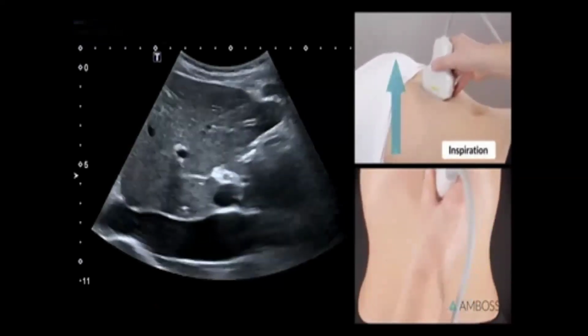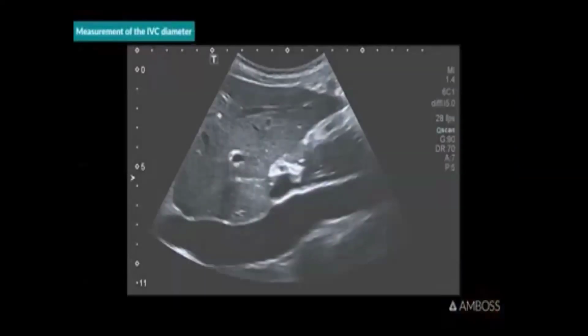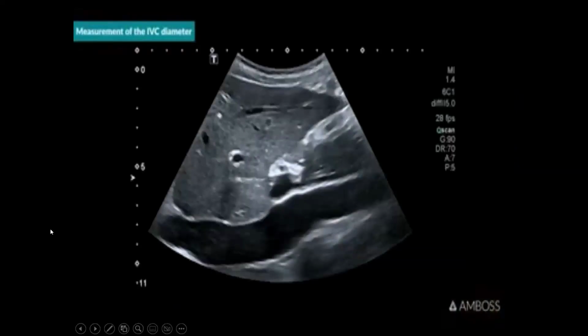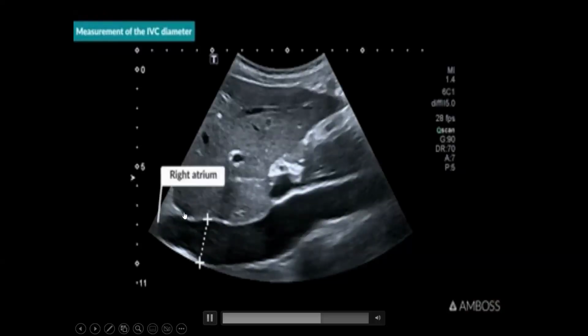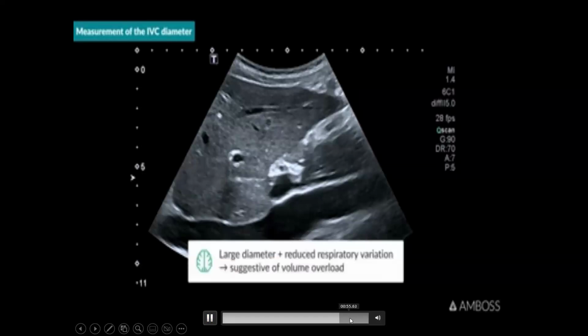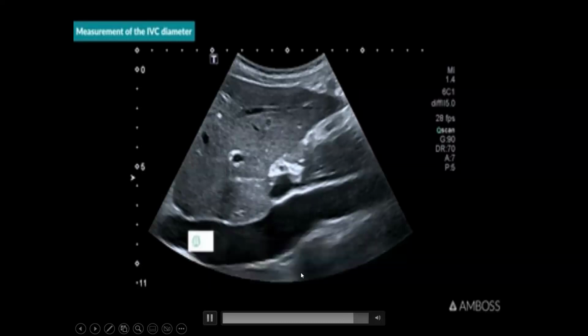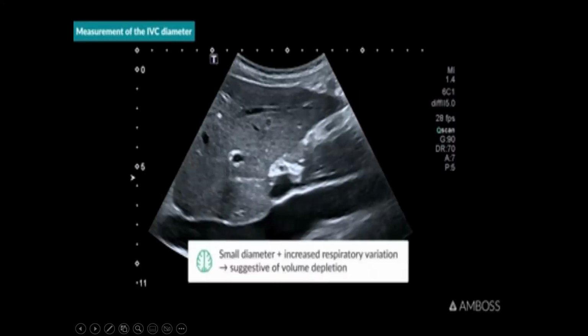See, during inspiration in spontaneous breathing, the IVC collapses. Right atrium. This is the measurement in static mode. A reduction during respiration means more fluid responsiveness.